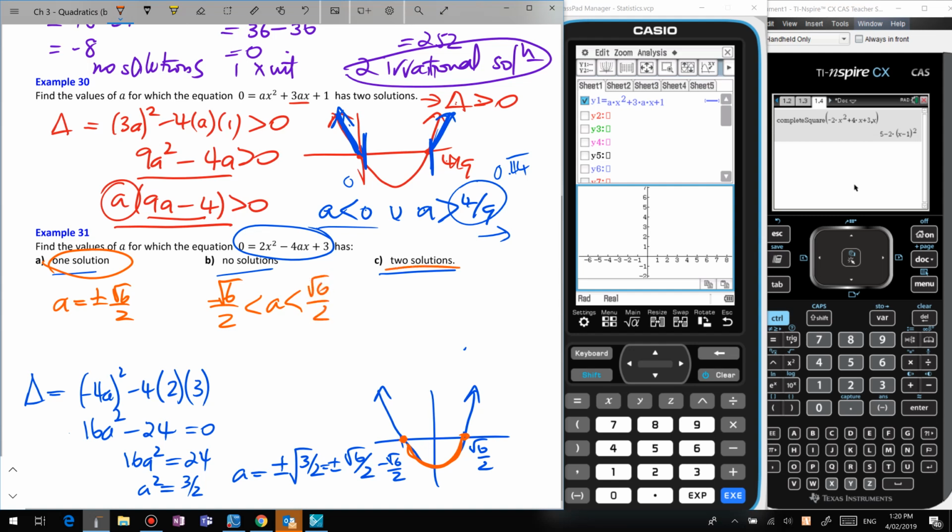When do I get two solutions? That's when it's above the x-axis, i.e. the discriminant's greater than 0. And that is when a is less than negative root 6 on 2, or a is greater than root 6 on 2. So that's when we get two solutions.